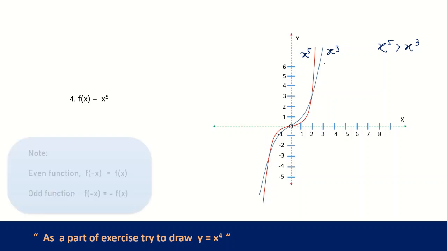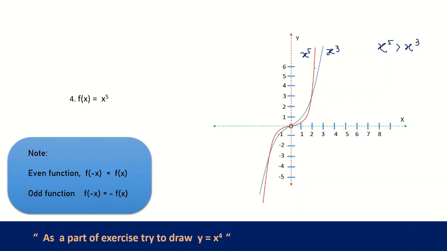Now a note is shown on the screen about even functions and odd functions. So what is an even function? As we have done graphs for cases like x square, or as I have asked you to plot x to the power 4, or you have already plotted the graph of mod x, this kind of function provides us with only positive values of f(x).